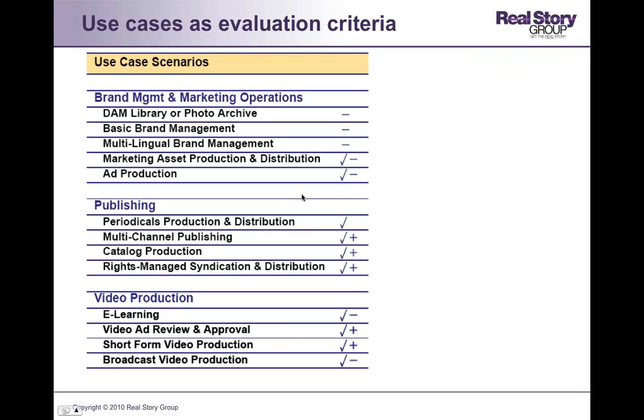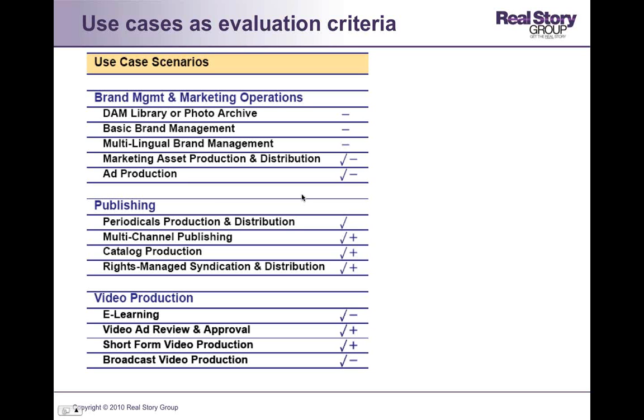What we do in our research is we rate 25 different digital asset management vendors based on these typical scenarios, right? And it's very interesting because in terms of assessing what you might need, you probably don't just fit into one of these scenarios.